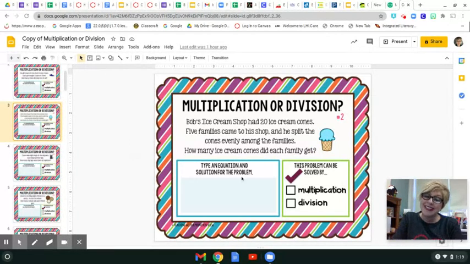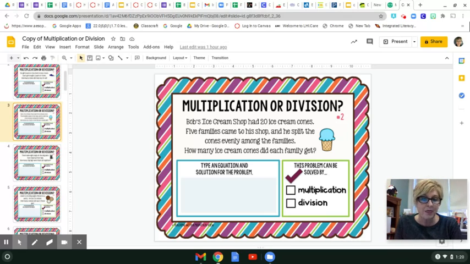We're going to decide if we're going to multiply or divide, and look for clue words. It says, Bob's ice cream shop had 20 ice cream cones. 5 families came to his shop, and he split the cones evenly among the families. How many ice cream cones did each family get?